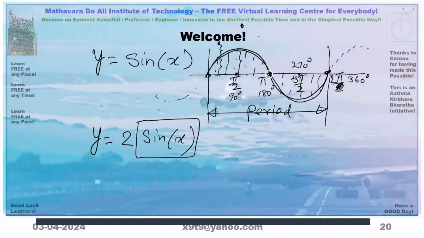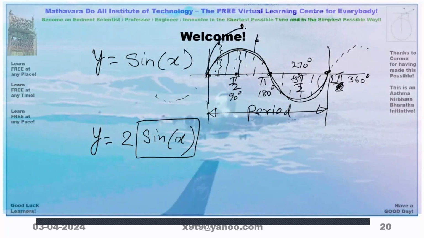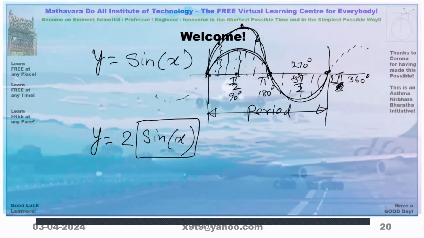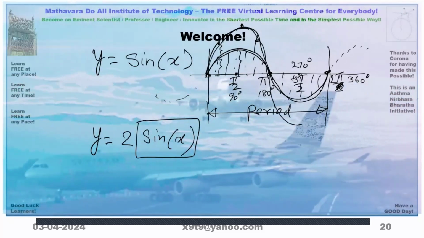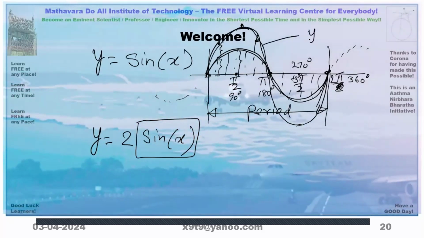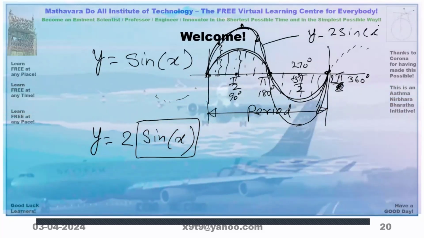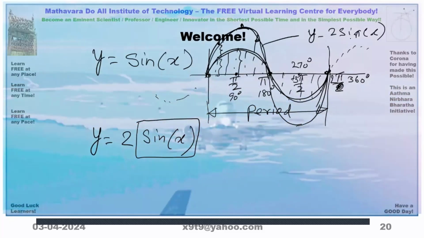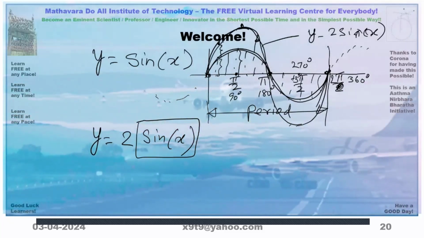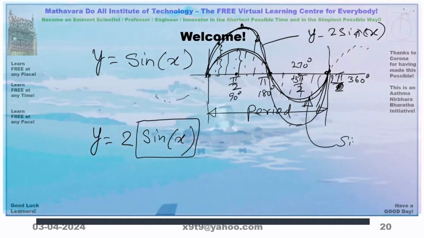This will be that much height. So the graph will go like that. So this is y is equal to 2 sin x, whereas this one is y is equal to sin x.